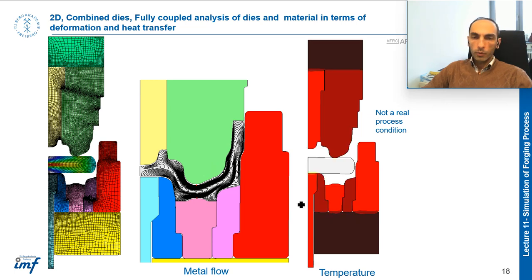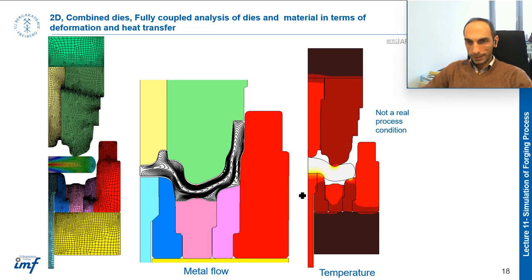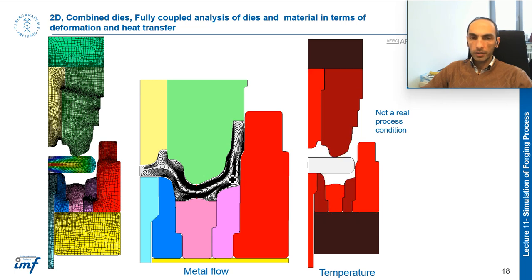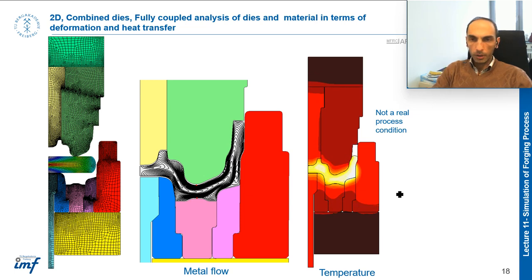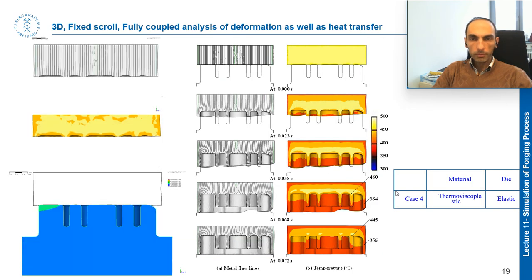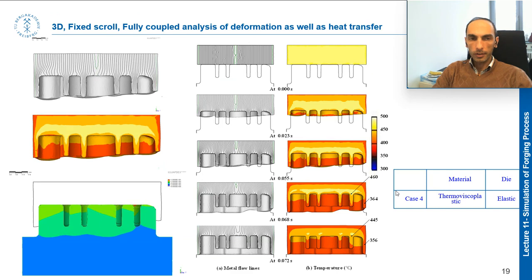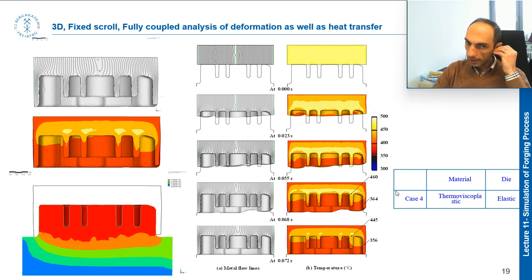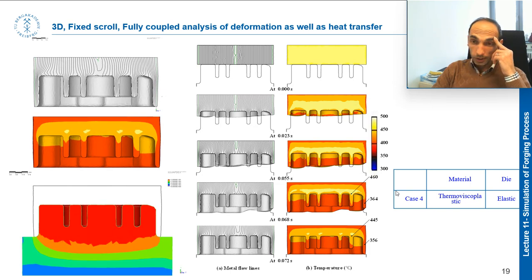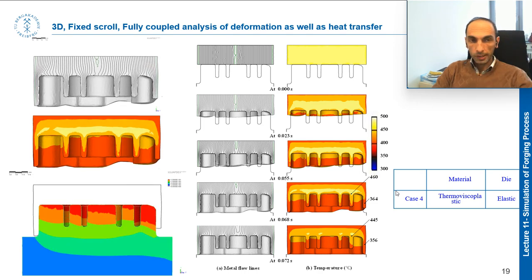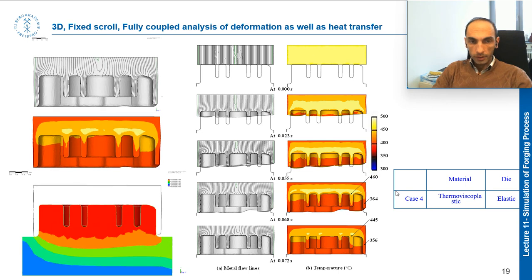But if you want to simulate a coupled simulation, investigating the workpiece and the dies, then the story is different, but it is possible to simulate. This is a 3D simulation, a coupled analysis for a 3D simulation. The previous slide was the 2D. This is the 3D, but the approach is the same, just the dimension is not 2D, but 3D.